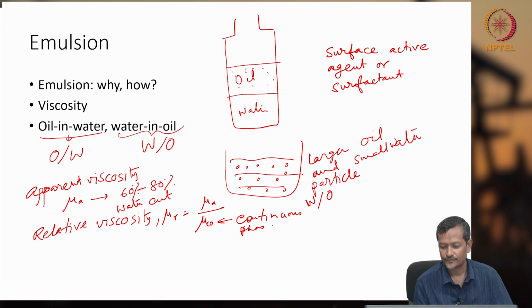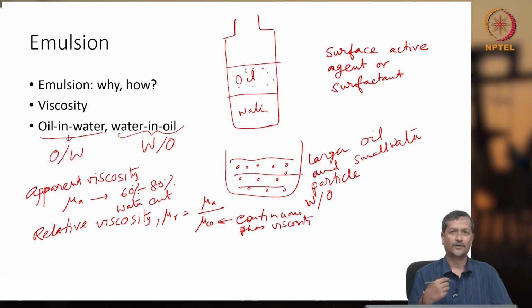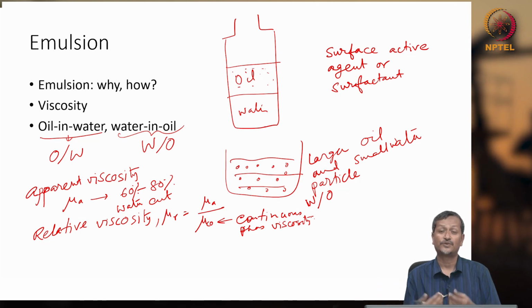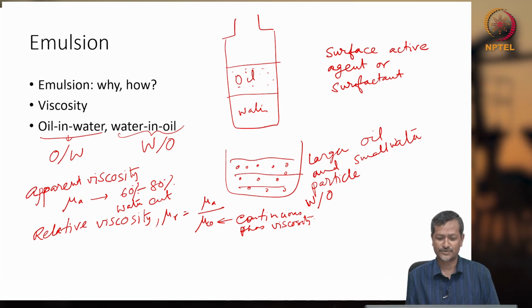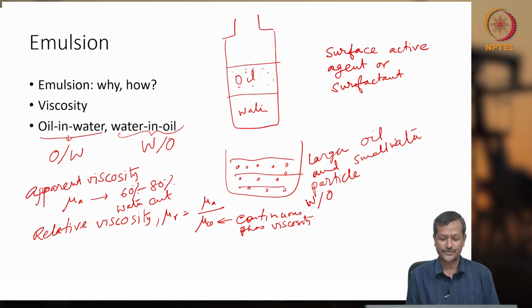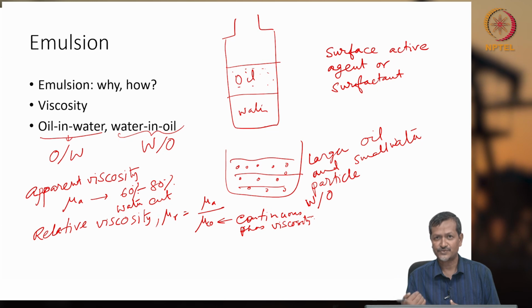So if you have more continuous phase, like say 95% oil, that viscosity will be dominating. So that is the continuous phase viscosity. Mu A means apparent viscosity. So people define relative viscosity equals mu A by mu CO.